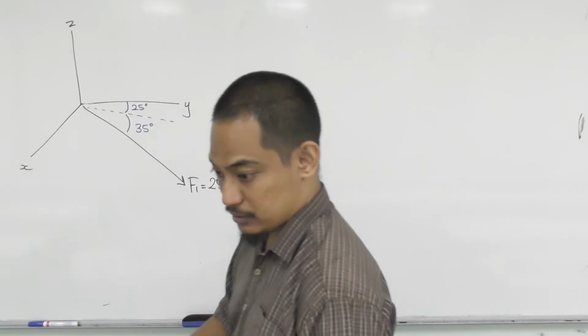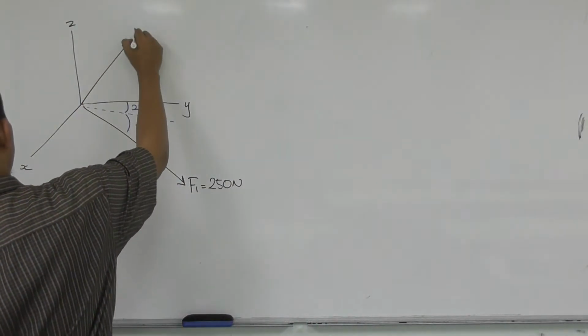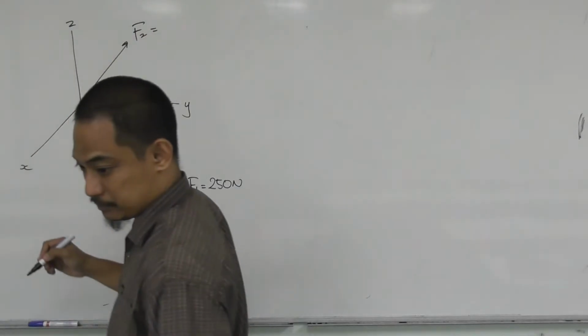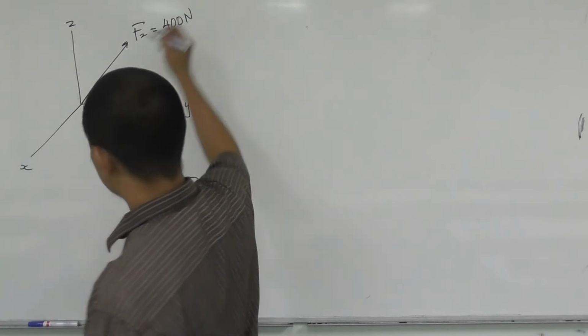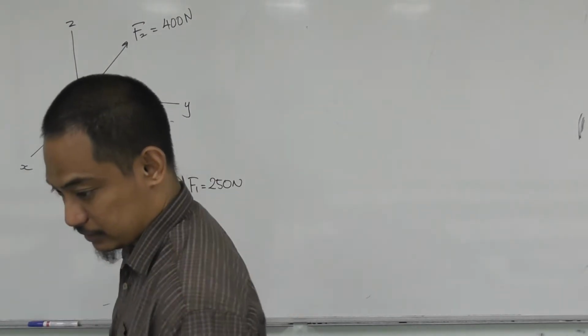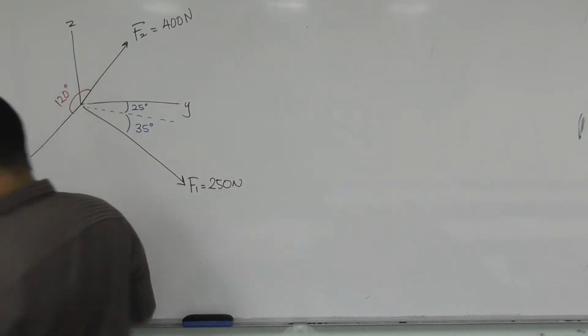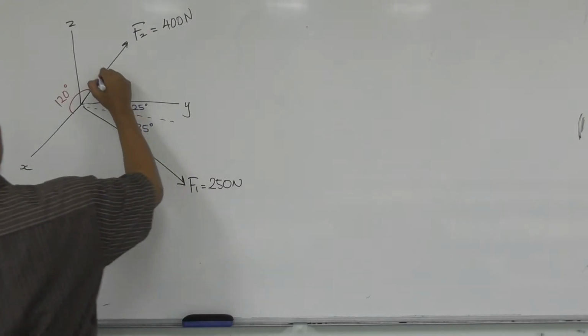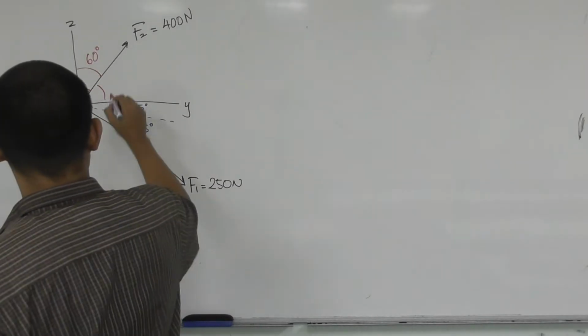And then F2 there is 400 Newton. Now, we have the angles of 120 degrees, 60 degrees, and 45 degrees.